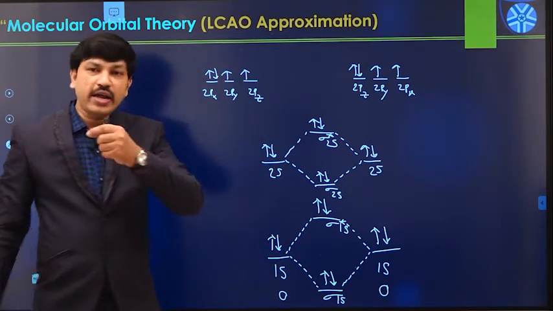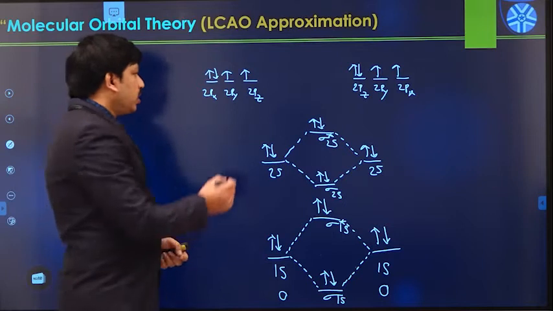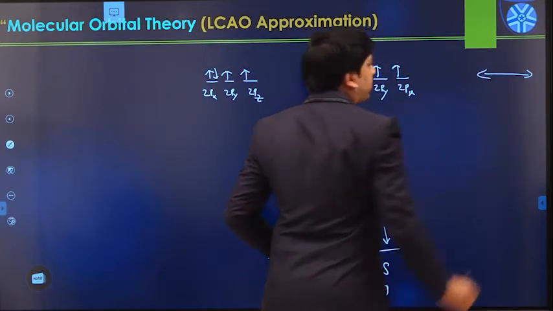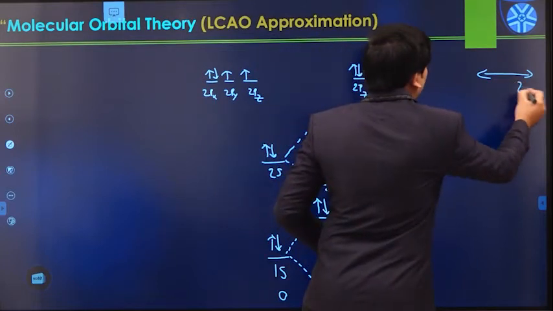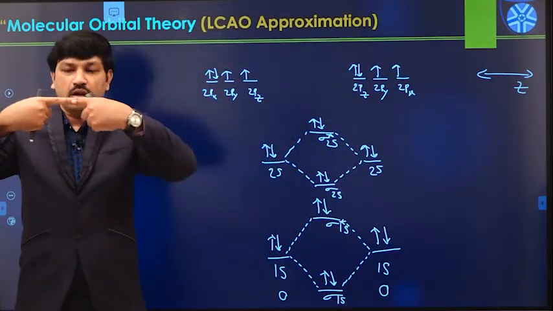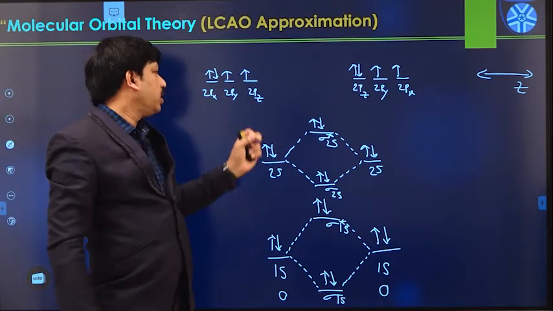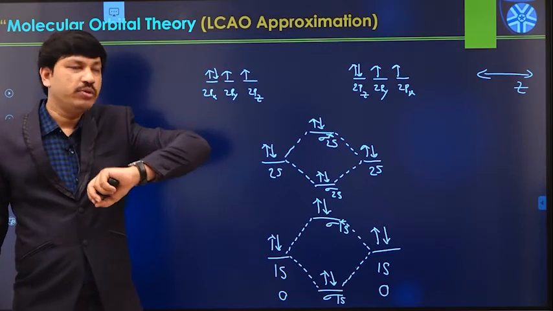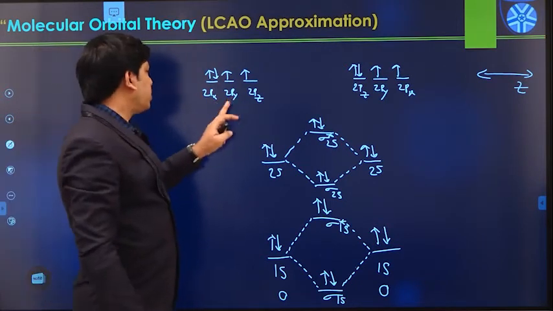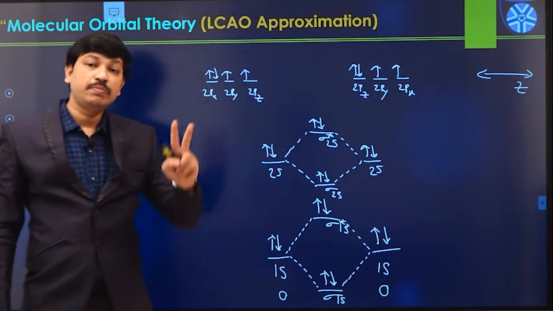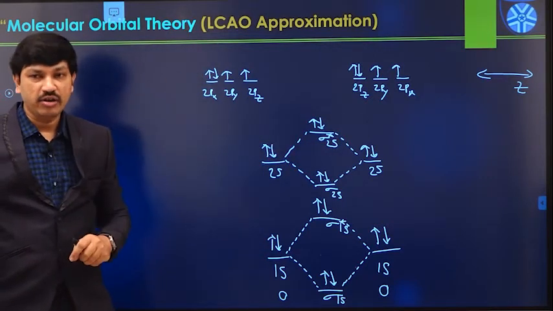If you fix z axis as the bonding axis like this, whenever pz undergoes linear combination in this manner, there is a formation of sigma 2pz orbital and sigma star 2pz orbital. But other combinations like px, py combination produce pi bonding orbitals and pi star anti-bonding orbitals.